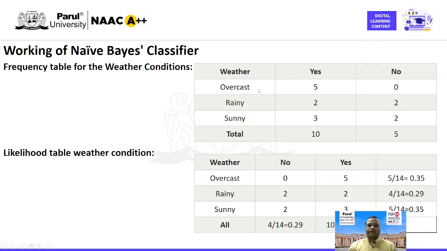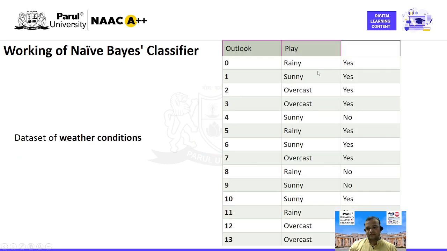According to the data set, there are three weather conditions: overcast, rainy, and sunny. First is overcast. We need to calculate how many said that at the time of overcast we can play tennis. We can count from the data: one, two, three, four, and five.